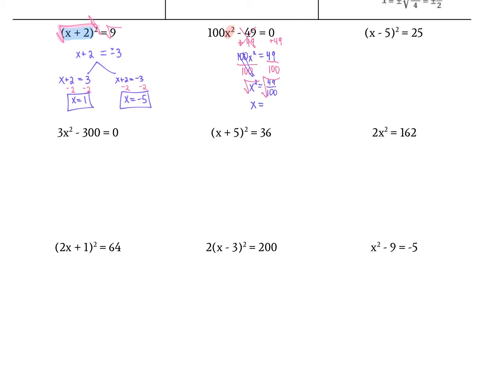Since I put the square root symbol in, I need plus or minus. The square root of 49 is 7, and the square root of 100 is 10. So my answer is x equals positive or negative 7 tenths.